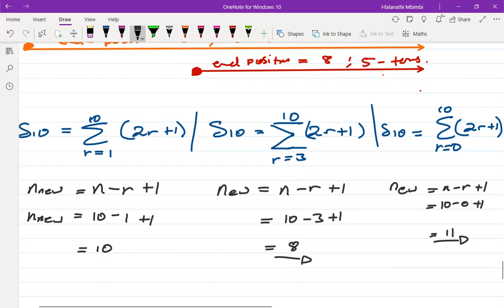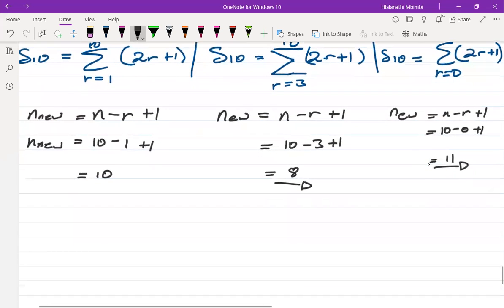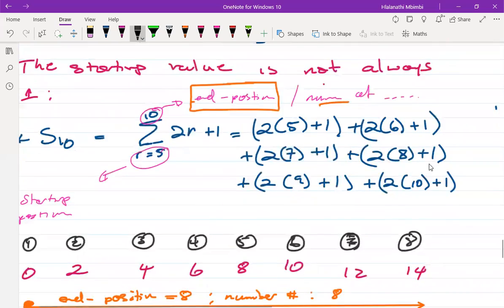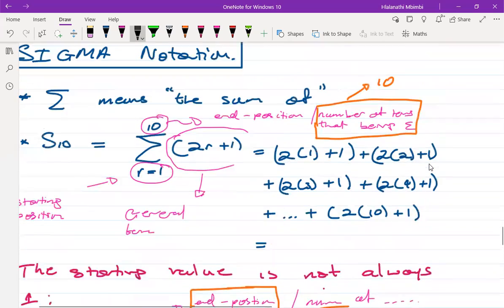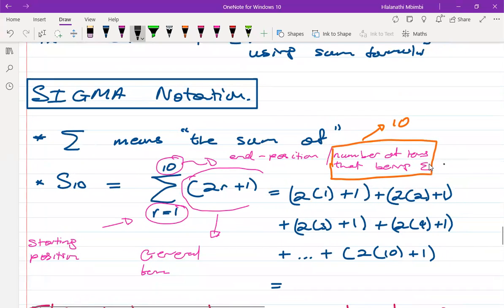So I suggest that every time you're dealing with a sum and you need to find n, the number of terms that you are adding, just always say new n is equal to n minus r plus 1. But what is n? n is always the term at the top. I didn't give it to you like that, that's why it's weird. So n would be what is normally there.